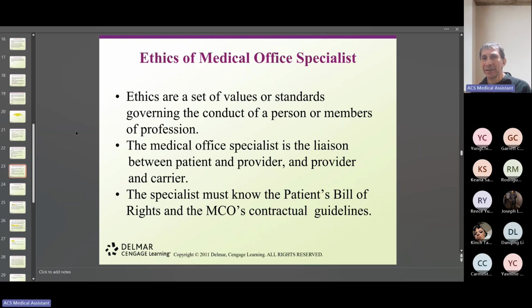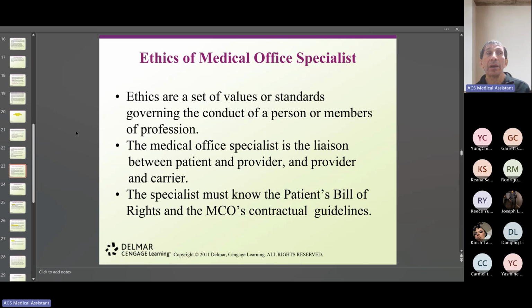So we're going to talk about ethics, which are a set of values and standards by which we evaluate each of the members of the medical profession. So that's basically what it is. It depends on how the medical provider behaves, how they act in regards to the quality of care that they render to the patient.